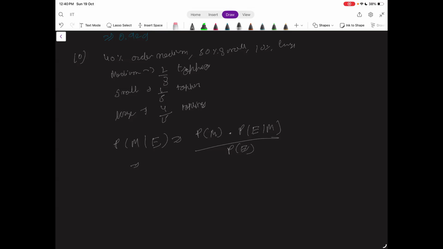The numerator is the probability of medium times the probability of extra given medium, which is 0.4 times 2/3.